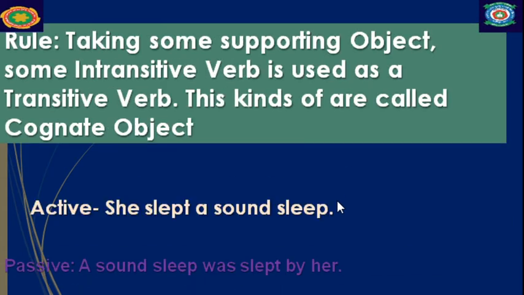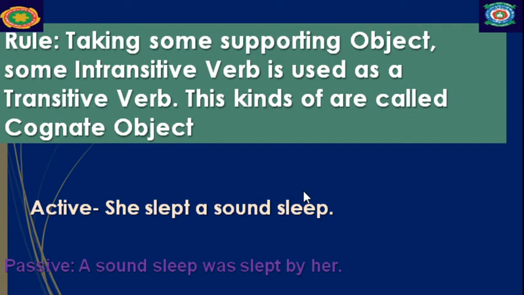Now this is cognate object. Do you know what is cognate object? Cognate means related, same. When she slept a sound sleep, you can see slept, sleep. This is the same kind of relation. The meaning is same. But what is the difference? It is its position as a verb and its position as a noun.